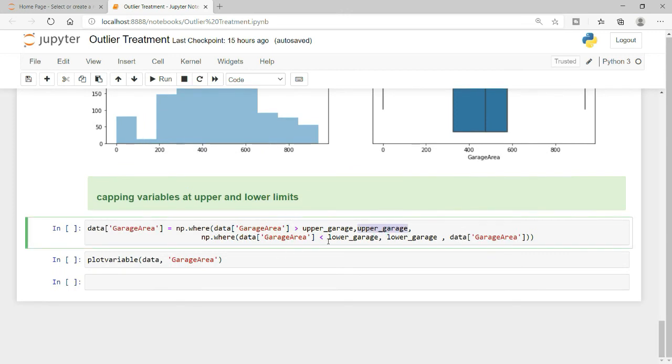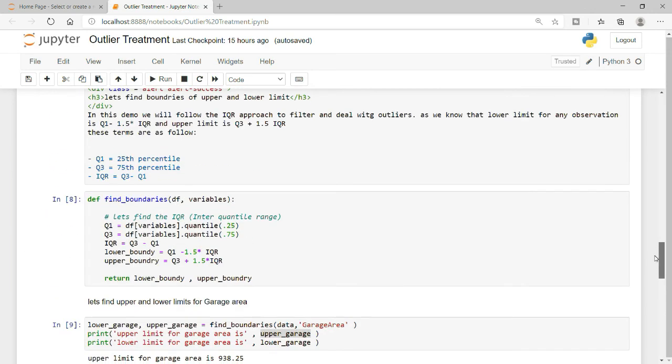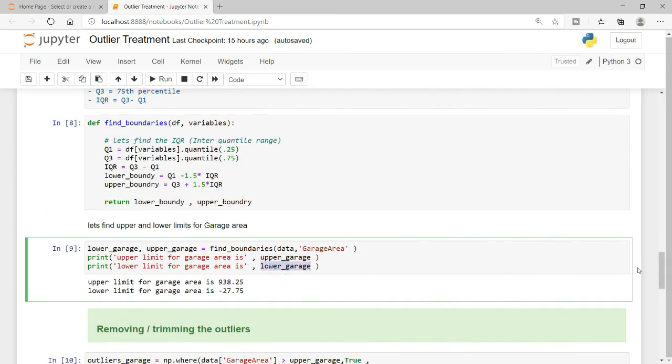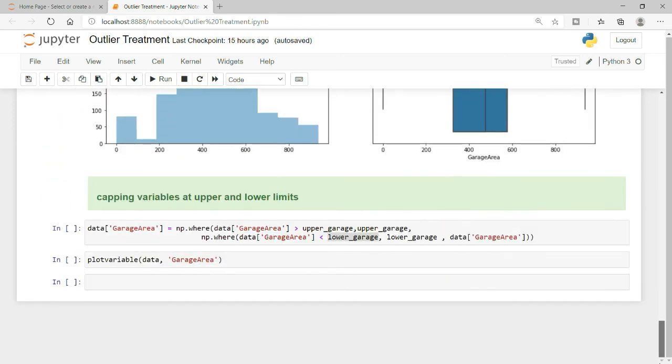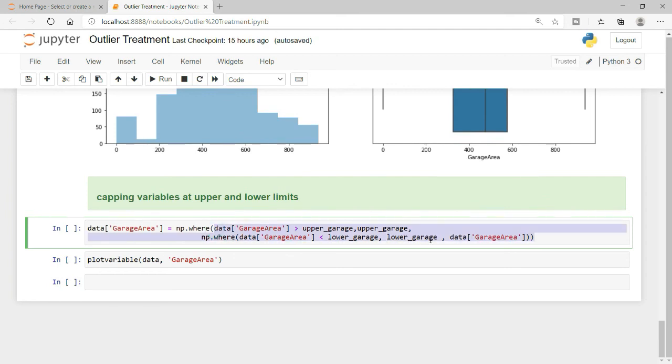At the same time, I am also saying that whatever observation goes below the lower range, and I have stored my lower range here in this variable, you see it again here, whatever observation in this feature is below this lower range, simply replace it with the lower range itself. And if neither of these two conditions is satisfied, meaning the observation is neither above the upper limit nor below the lower limit, it is not an outlier.